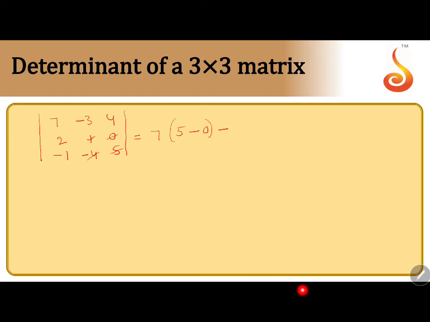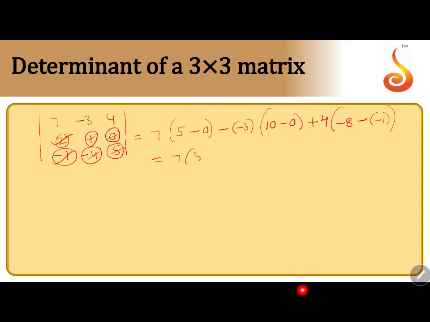Second element we need to take minus. Actual second element is minus 3. Now eliminate first row and second column. 2 into 5, 10, minus 1 into 0, 0. Again plus. Third element 4, take it as it is. Now eliminate first row and third column. 2 into minus 4, minus 8, minus 1 into 1, minus 1.